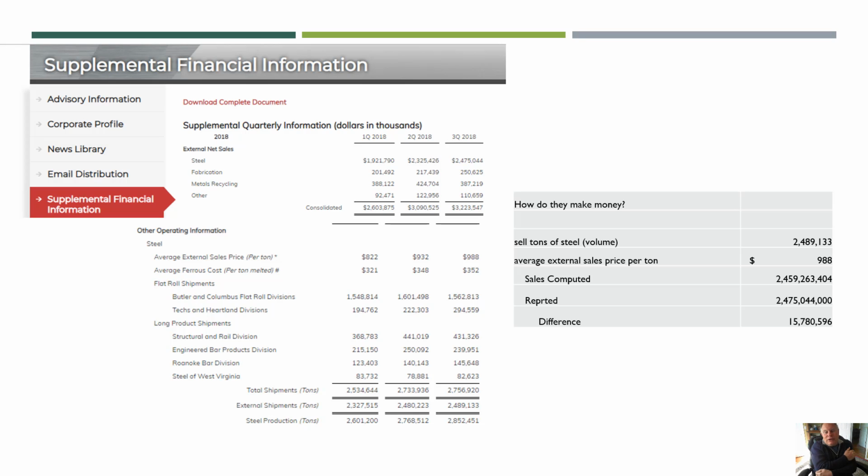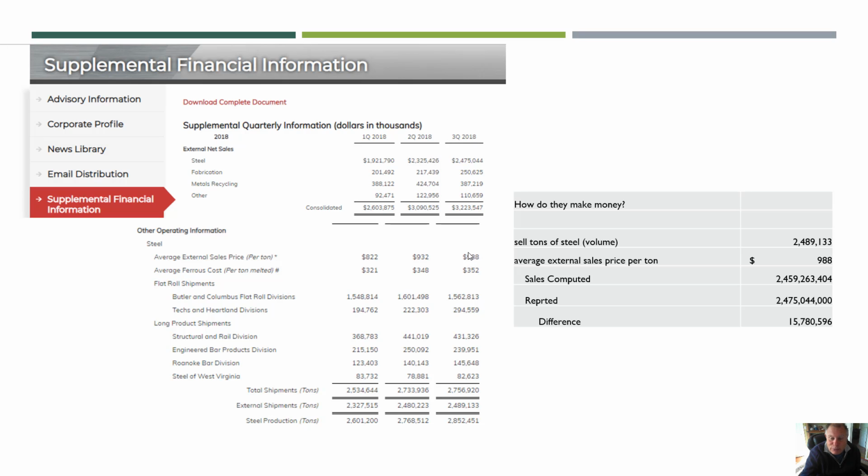Now, it's a little different. How do they make money? Well, this is where you've got to take a look through the 10K. Really read the 10K before you get started. And what I found when I read it is this piece here, other operating information, and a lot of companies have this: sales price per ton.